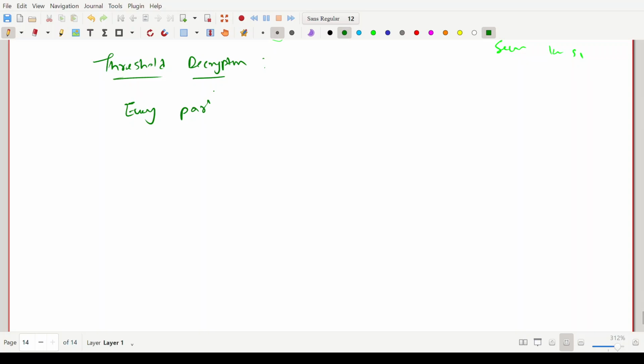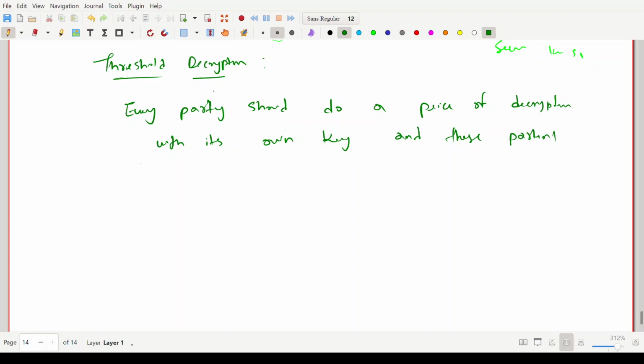Every party should do a piece of decryption with its own key, and these partial decryptions together make it possible to retrieve the message.